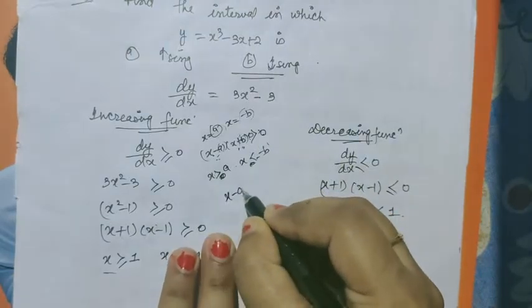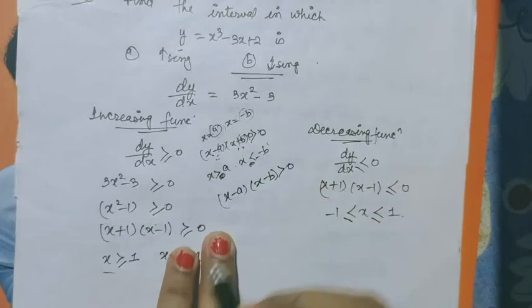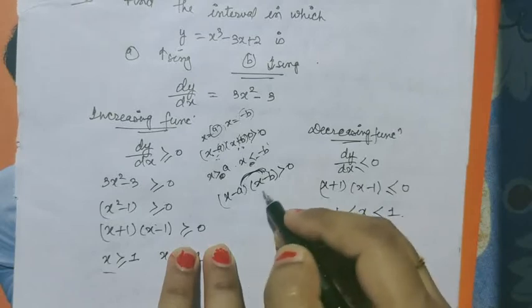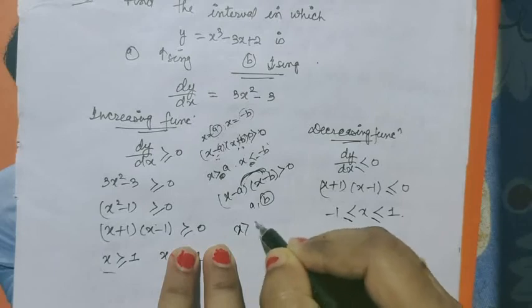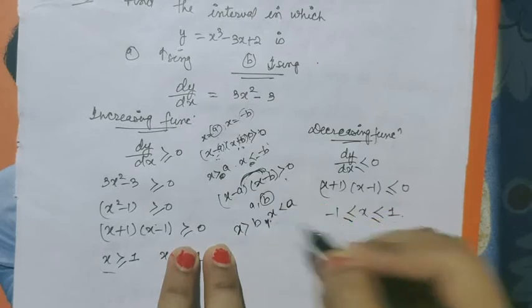If (x minus a)(x minus b) greater than or equal to 0 is given, then whichever is greater between a and b, if you say that b is greater, then x will be greater than b and x will be less than a. You can write it like this.